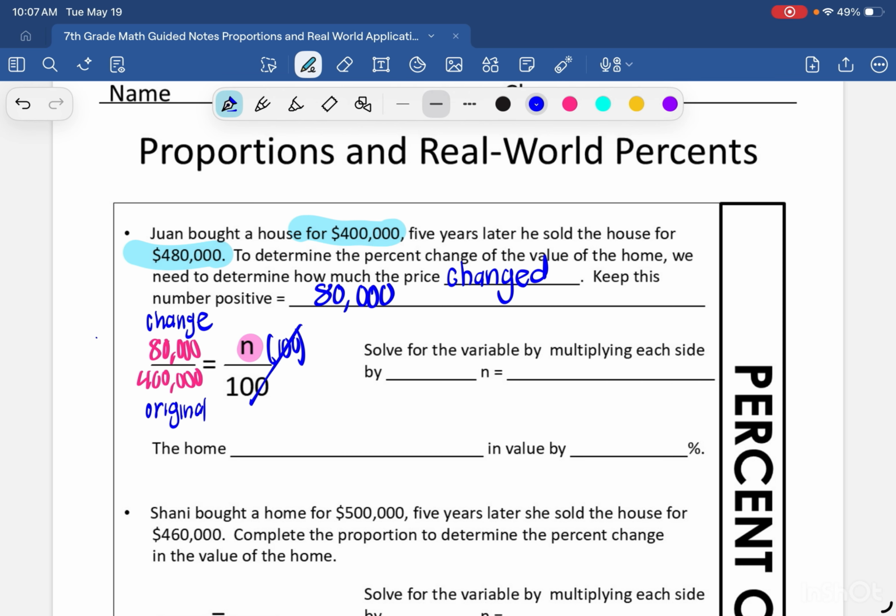That will cancel. So 80,000 times 100 divided by 400,000 is going to give me 20. So, did the home go up or down? The home increased in value by 20%.